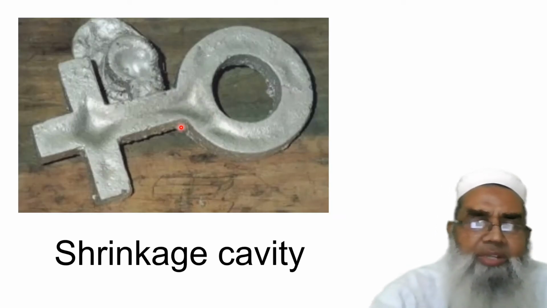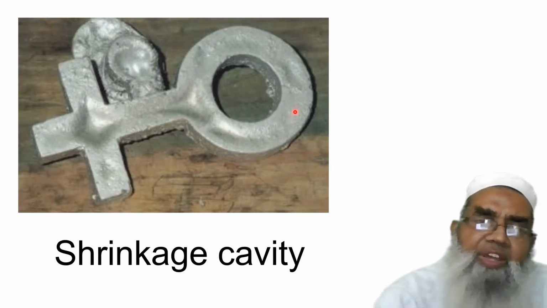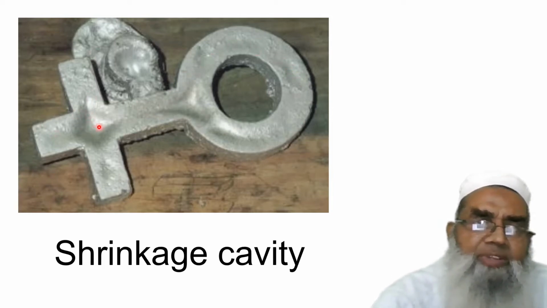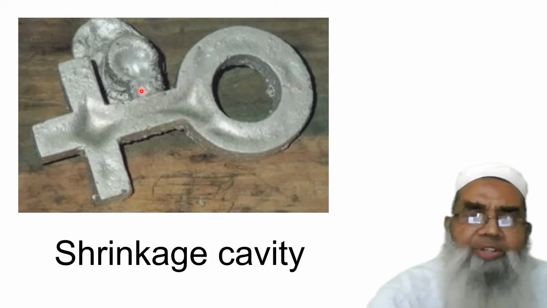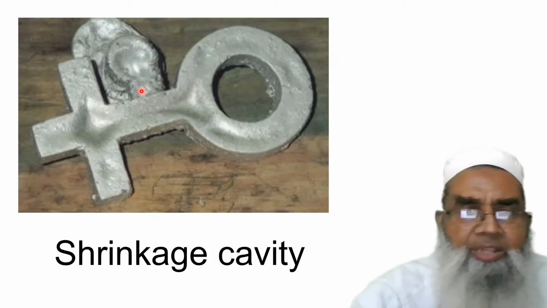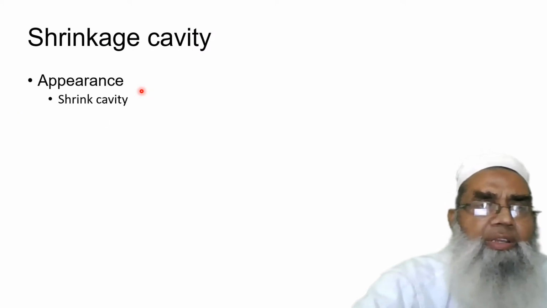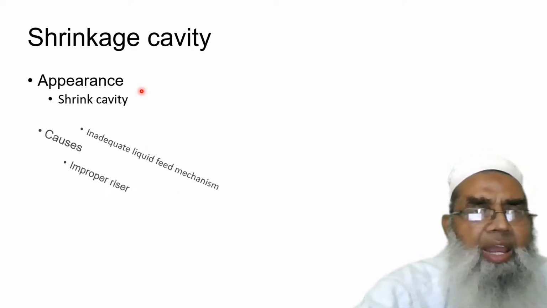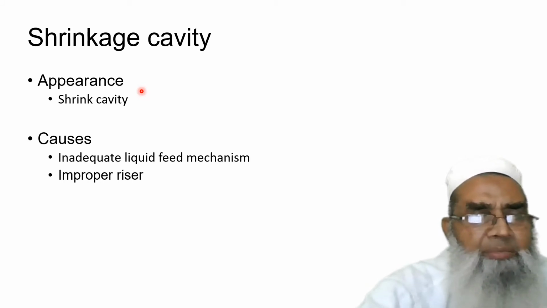Now the shrinkage cavity. You can see the shrinkage cavity over here, a very big type, and you can see there are a lot of shrinkage cavities on the top of it. That means the metal has not been properly filled into each corner. After solidification, the metal shrinks and appears like a shrink cavity, and it is due to an inadequate liquid feed mechanism and also improper design of the riser.